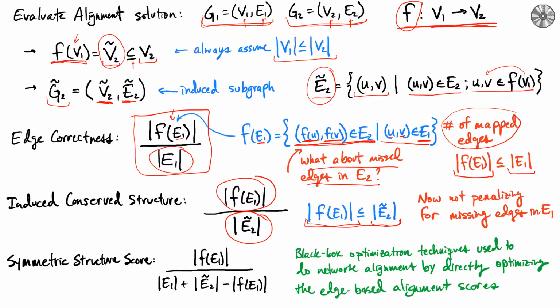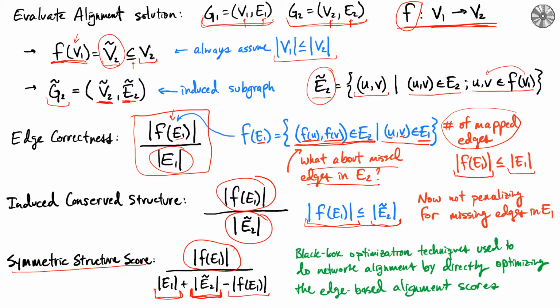And so this now accounts for graph 2, but doesn't keep the number of edges that were originally in graph 1. And so we get down to this symmetric structure score, which still keeps the number of correctly mapped edges up here, but now we include both of these terms, essentially a penalty for missing edges in the first graph, a penalty for missing edges in the second graph, in the induced subgraph, and then we subtract away the ones that we get correct.